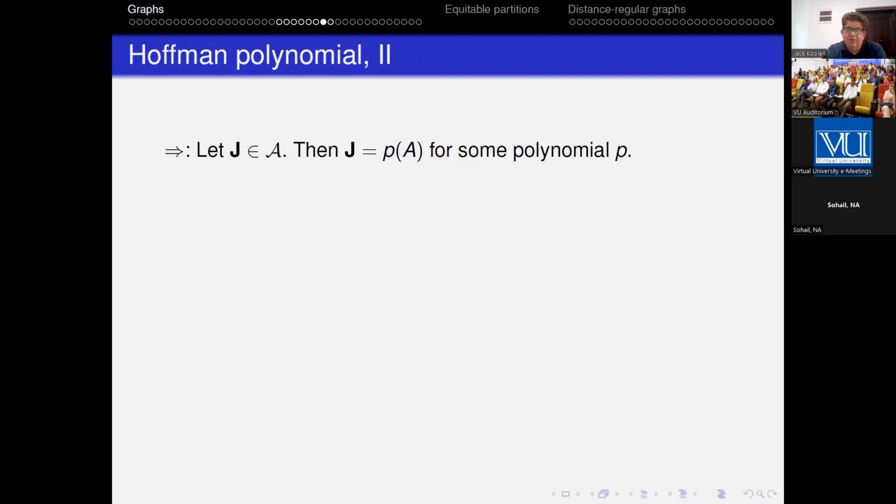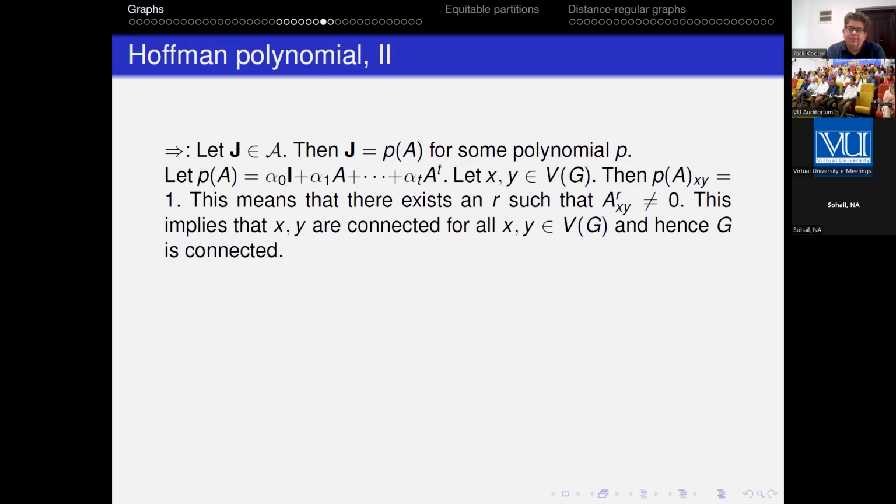Now let's say to be in the Artesian algebra, that means that J, the O1 matrix, is a polynomial in A for some polynomial P. Let P(A) be alpha 0 times I plus alpha 1 times A plus up to alpha T times A to the power T for some alphas.